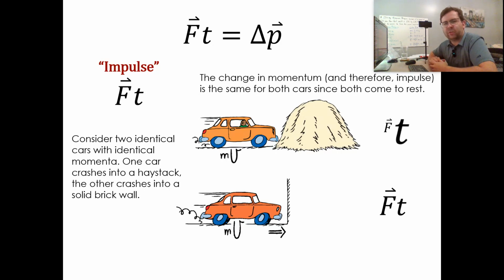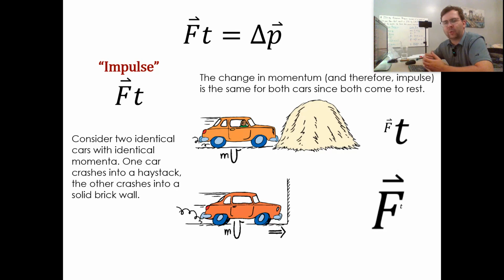On the other hand, if you crash into a brick wall, the time that it takes for you to stop is very, very small, microseconds. You stop almost instantly. And because it's a very small time, it's still the same amount of impulse, which means the force must be huge. So the difference between the two situations is the amount of force acting on the car and the amount of time that the force is applied for.